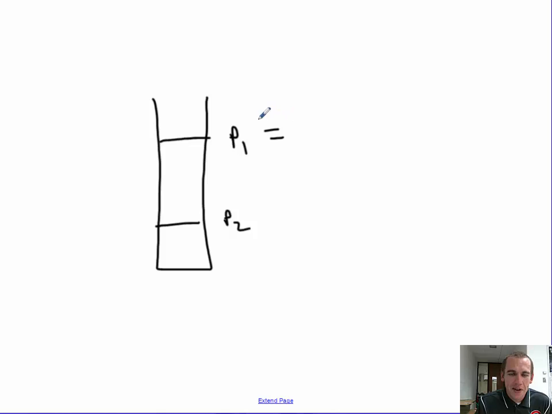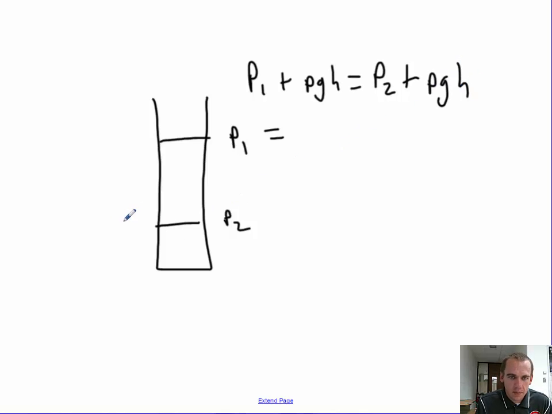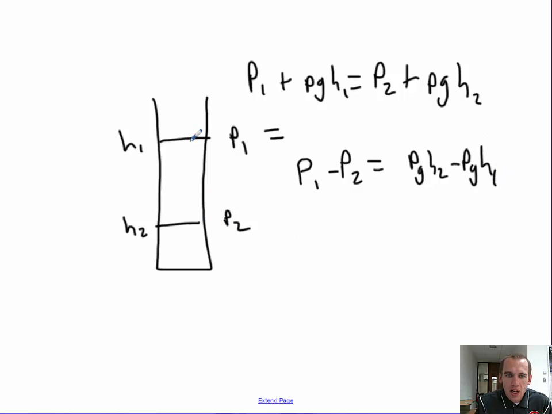So P1 plus rho g h1 should equal P2 plus rho g h2. If I subtract, P1 minus P2 is equal to rho g h2 minus rho g h1. Well, 2 minus 1 gives me the difference in height, so the difference in pressure, P1 minus P2, is equal to rho g times the delta height.